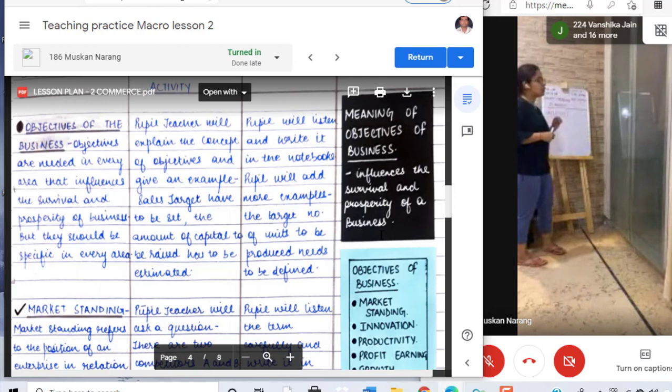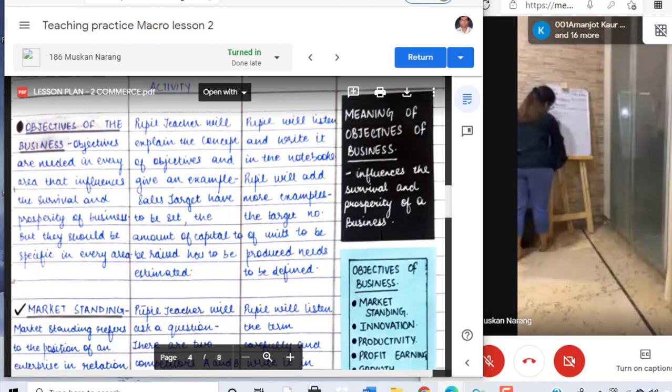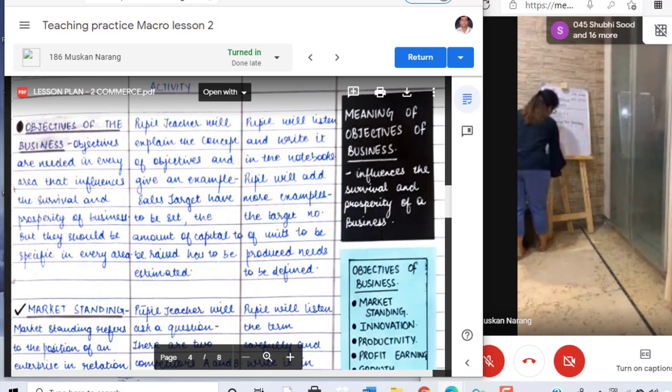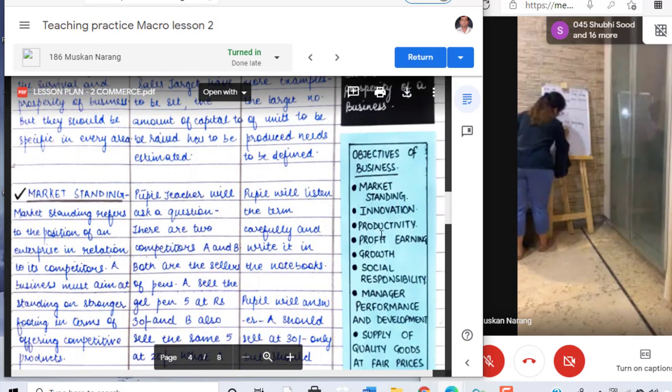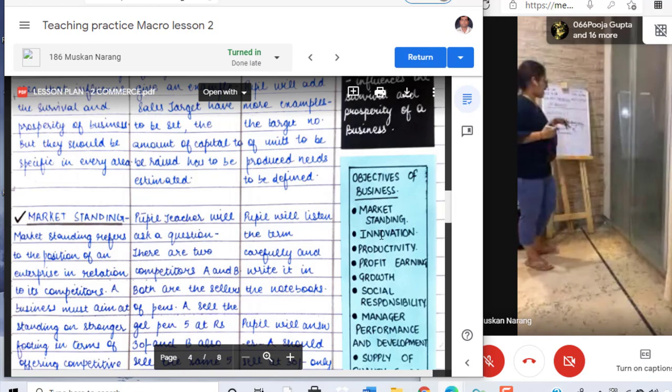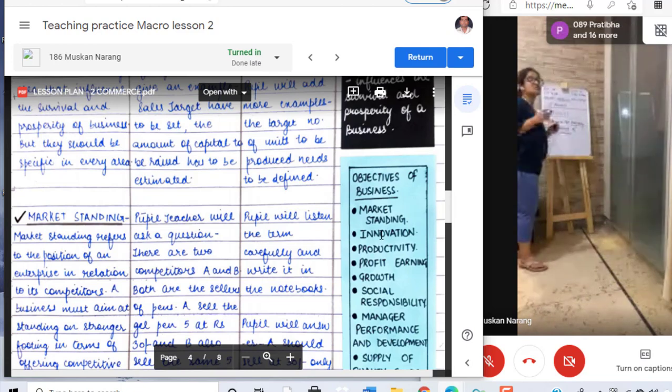Now, if I talk about the objectives of the business, it influences the prosperity and survival of the business. So the keywords here are the prosperity, the dignity, and the survival, the sustainability.